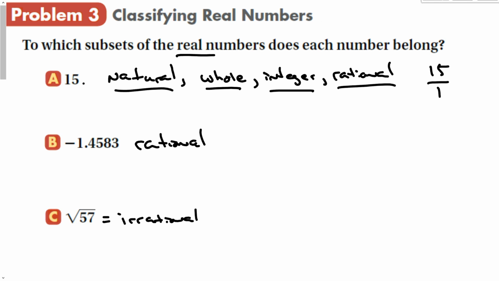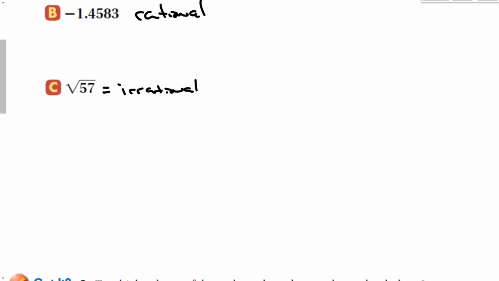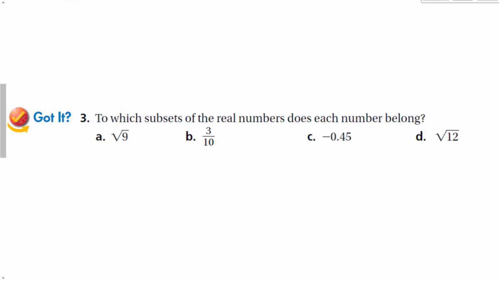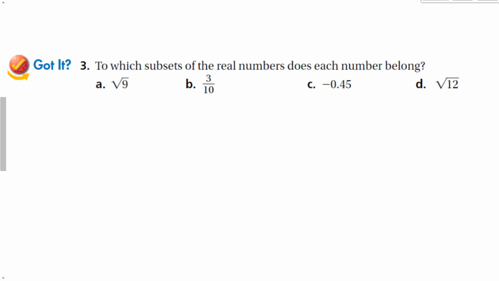Irrational. Let's look at a few more. Am I got it problems? Okay? Now don't be fooled with A. It's a square root, but the square root of 9 is 3. So we have to simplify things first before we start classifying them. Okay? So to what set does this belong?